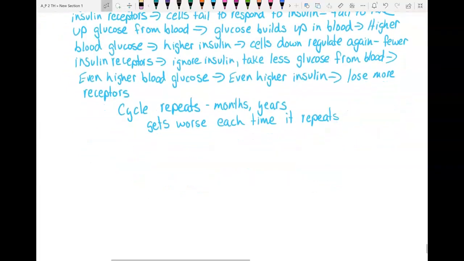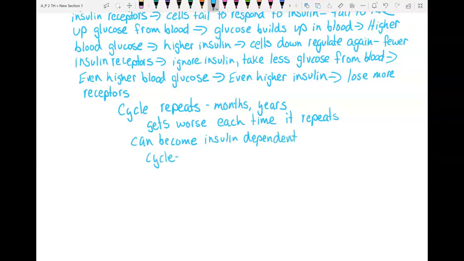And you can actually get to the point where you become insulin dependent. Because you will work your pancreas to death. Because as you go through the cycle, the pancreas keeps having to work harder and harder for diminishing results.